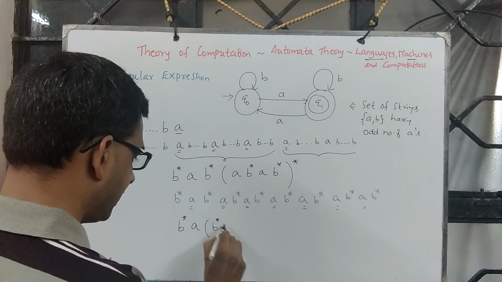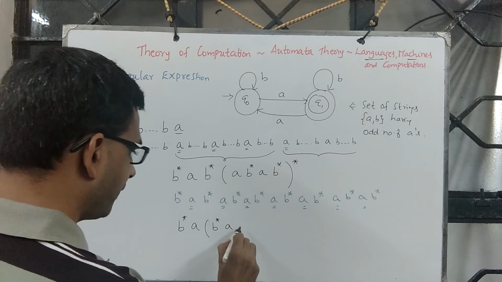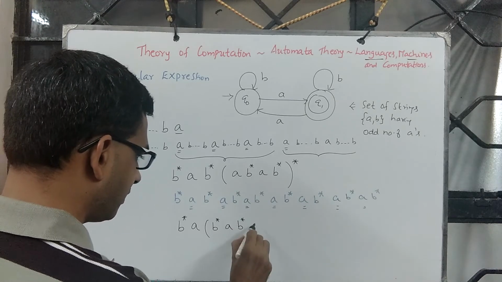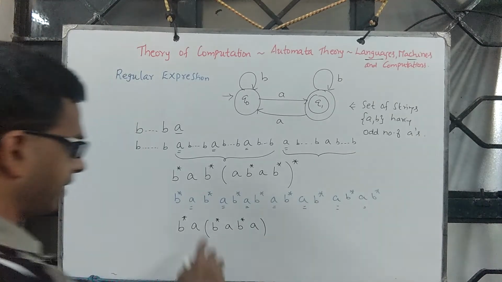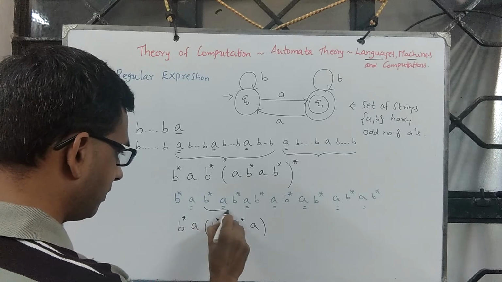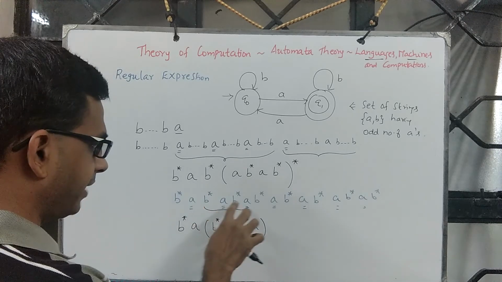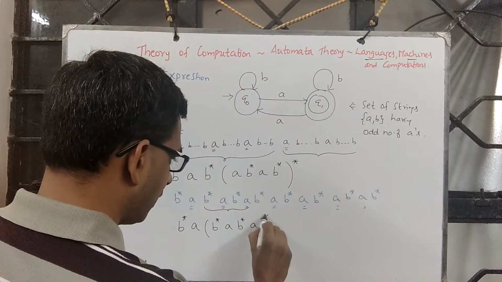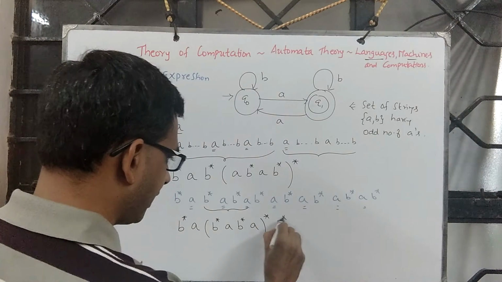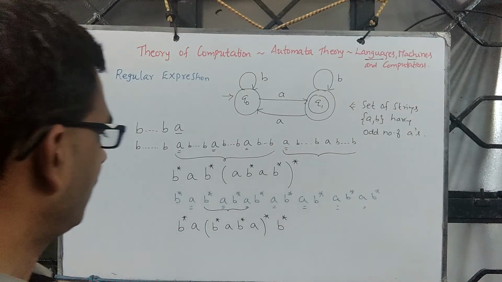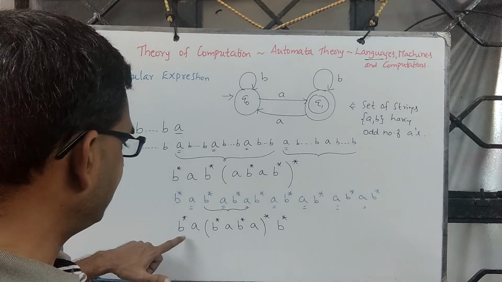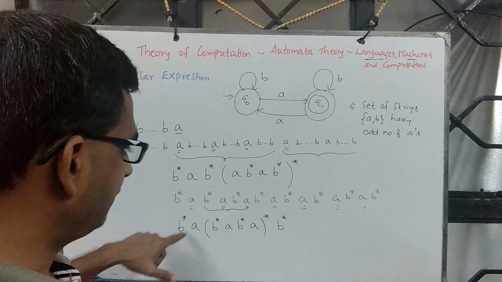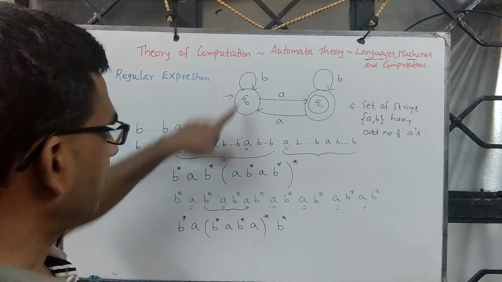It is B star A, B star A. This pattern is repeating, right? B star A, B star A, that pattern is repeating, followed by B star.